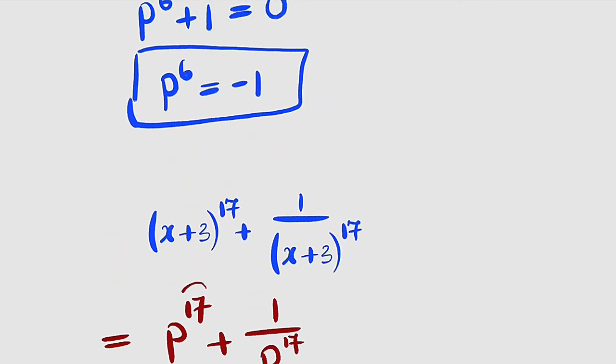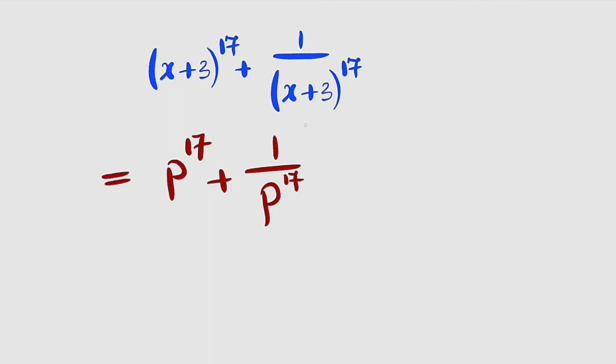So why can't we express 17 in terms of 18? Because we know that 18 is a multiple of 6, right? So we can multiply the top and the bottom by P divided by P, right? So we multiply the whole of this by P divided by P, which is the same thing as 1. We have not changed anything. So this is what?